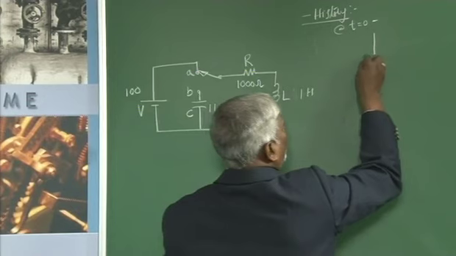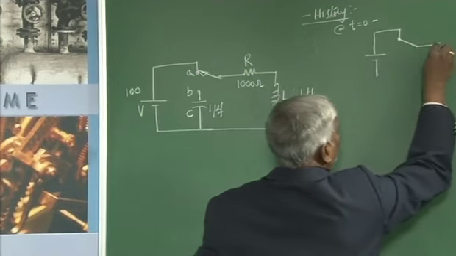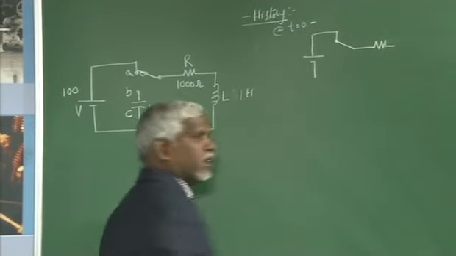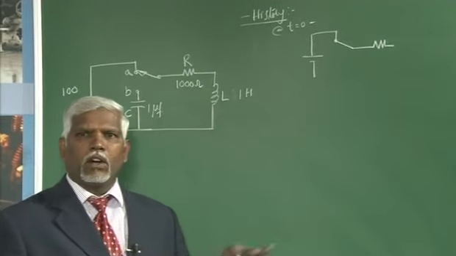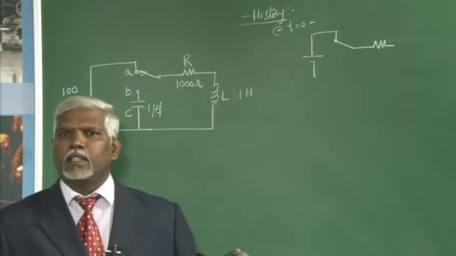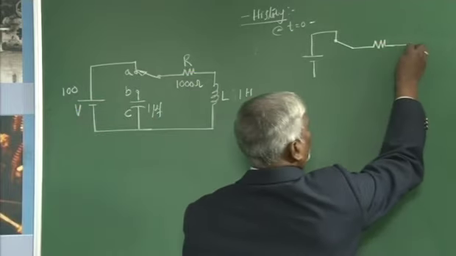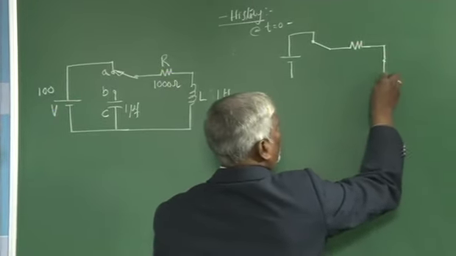Means my actual circuit will be, the switch is at A, R behaves as R, transients have gone, resistance behaves as resistance, and the inductor's final state in this case will be a short circuit. This is the change, right.